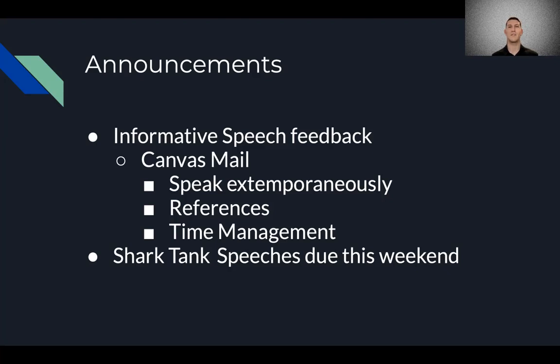In addition to that, make sure that on your prep outline, you have the proper in-text citations. So that's when you've got like the author's last name, comma, the year that they wrote it in parentheses. Speaking of years, also make sure that all of your references are from 2016 or sooner.